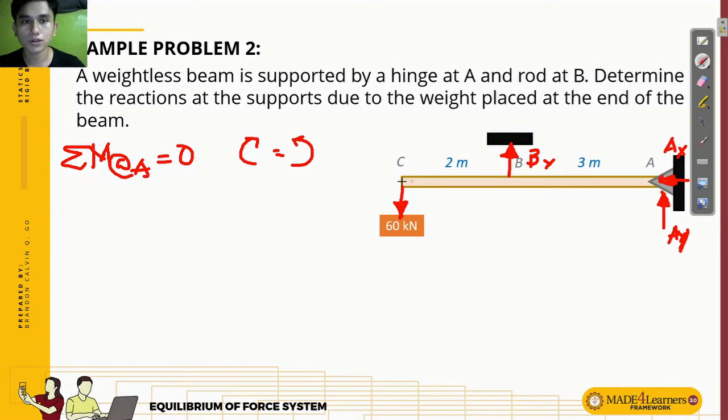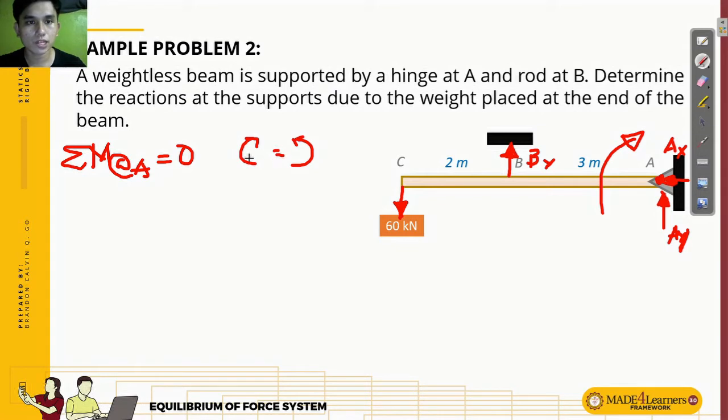So, let's say, usually the unknowns are on the left side. So, we have BY. Our assumption is tension. Okay. BY, about point A, rotates clockwise, right? What about this direction about point A? So, we combine them.